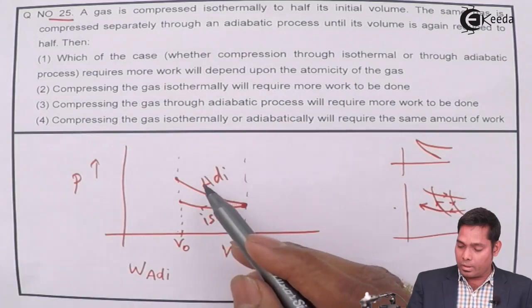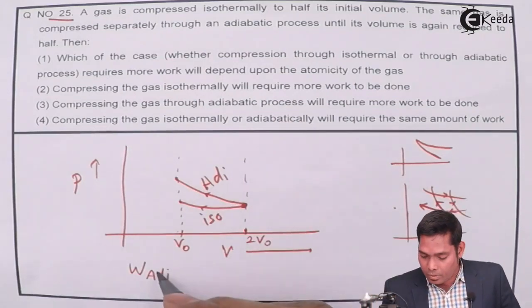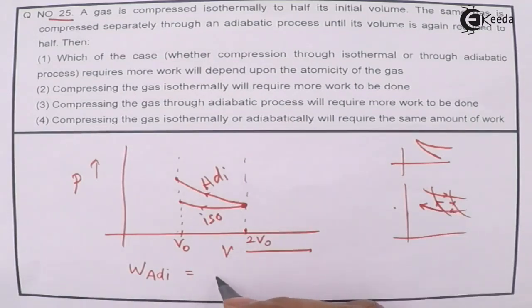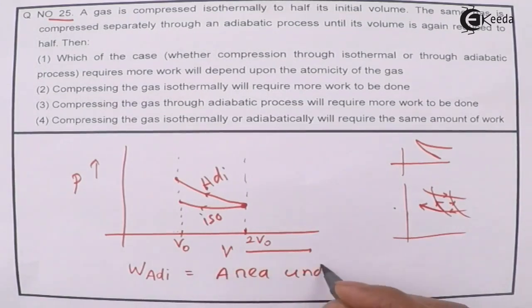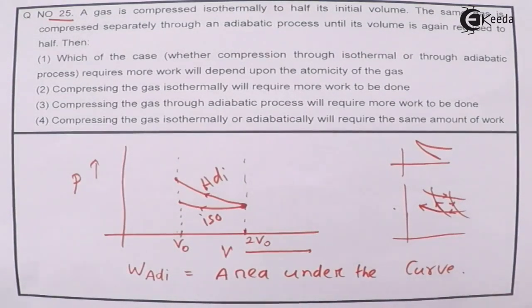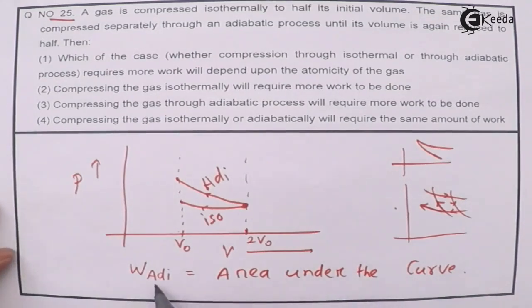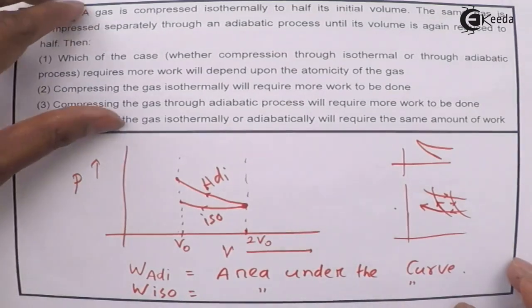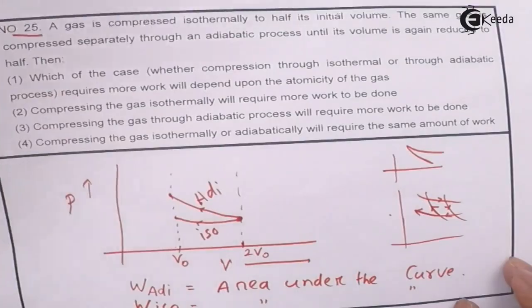Work done with the adiabatic process is the area under the curve, and the isothermal process is also the area under the curve.